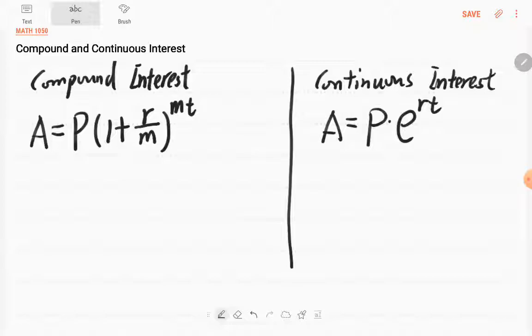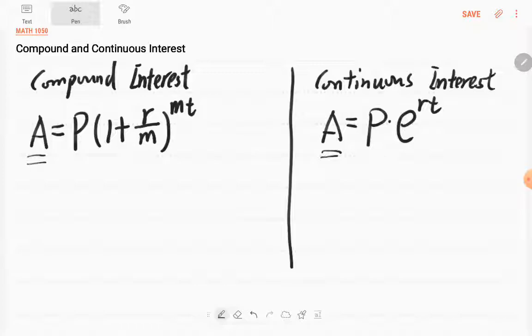Last time when we studied the compound interest and the continuous interest, we only calculated the future money. Now our problem becomes more complicated. If we know the future money, the annual rate, the compound period, and the time, what is the current money we should invest or deposit to get this future money?